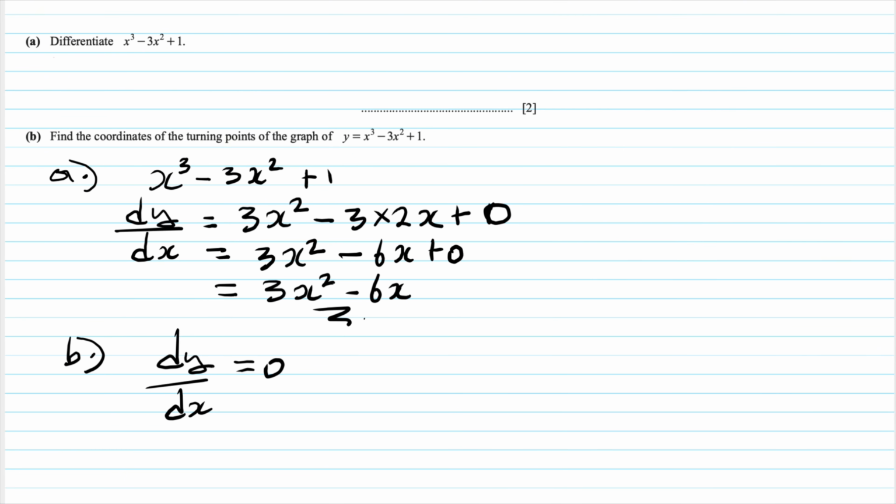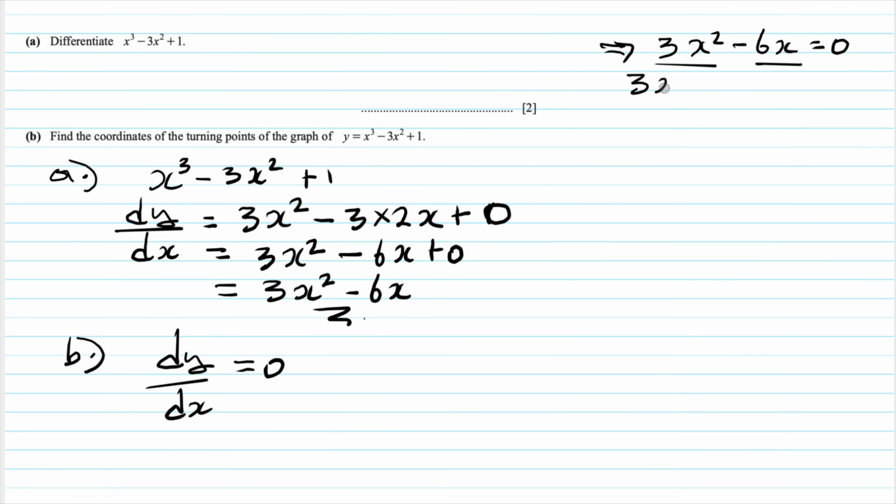So let us continue. dy/dx has to be equal to 0. So that implies that 3x squared minus 6x must be equal to 0. Let us solve this equation. There's a common factor between 3x squared and 6x, and that is 3x.